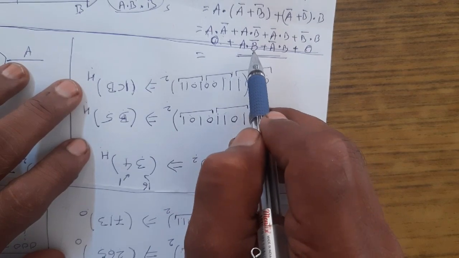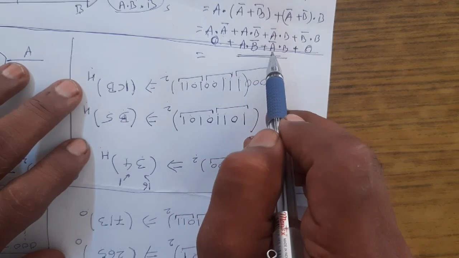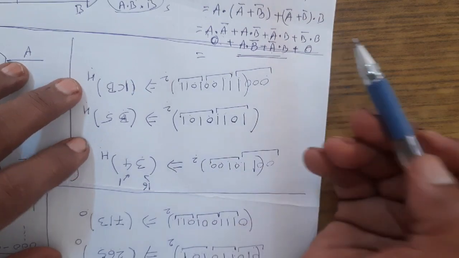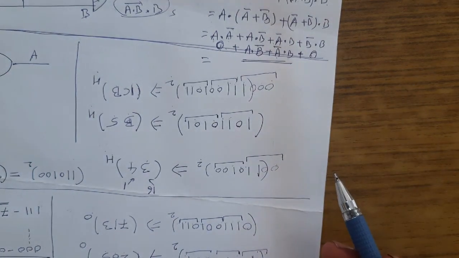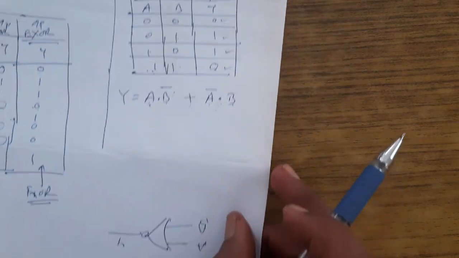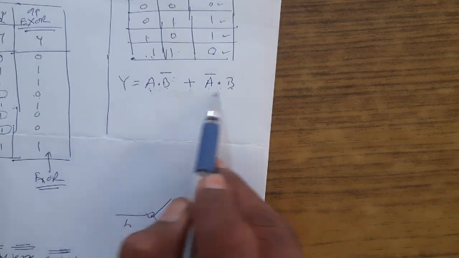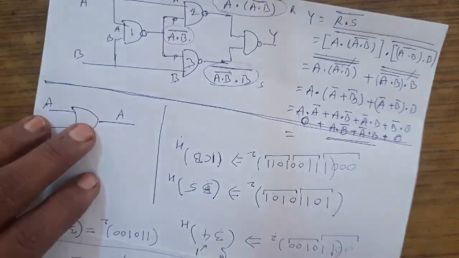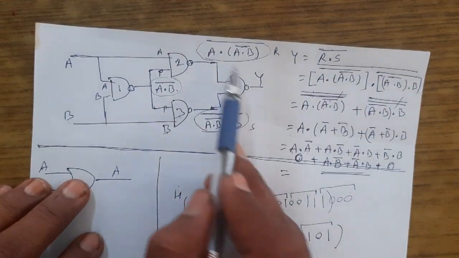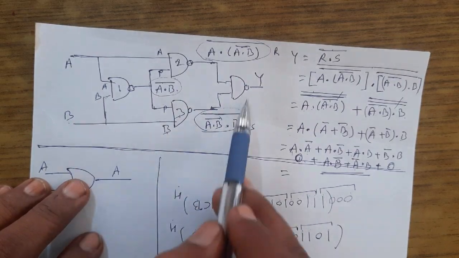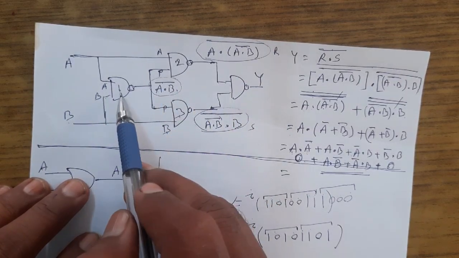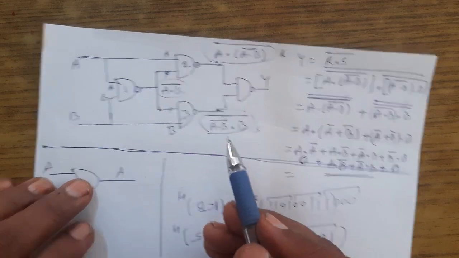It is A and B bar plus A bar and B. And the interesting thing is that we have observed that for a XOR gate, this is nothing but the Boolean expression, and hence I can say that this circuit behaves as the circuit for XOR gate. That means NAND can be used as a XOR.